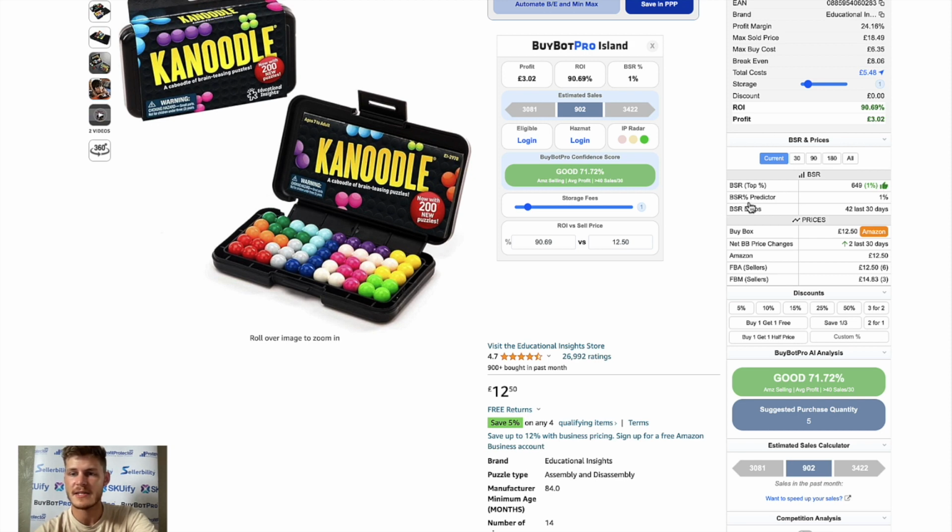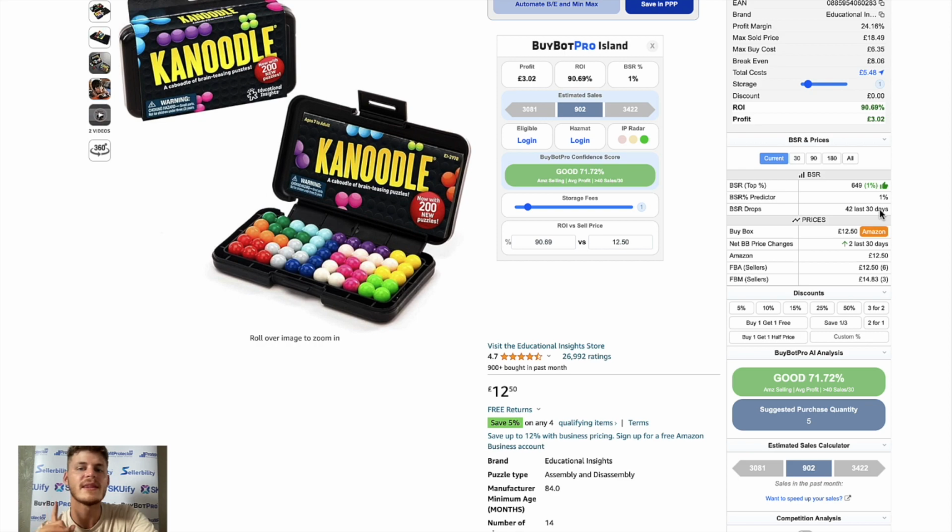The BSR percentage predictor, so where there's sufficient data to analyze, the algorithm helps predict future BSR percentage ranking, so it will remain in the top 1%. And in terms of the BSR drops, there's been 42 in the last 30 days. Now, the BSR drops is how many times there's been a drop in the BSR, how many times this has changed. It's changed 42 times in the last 30 days.